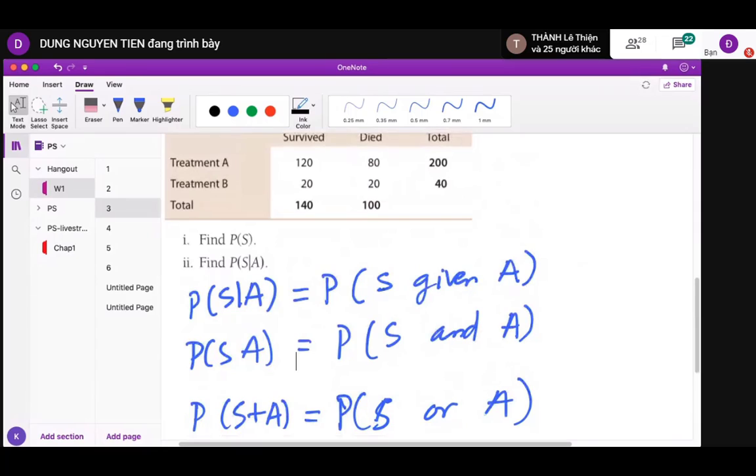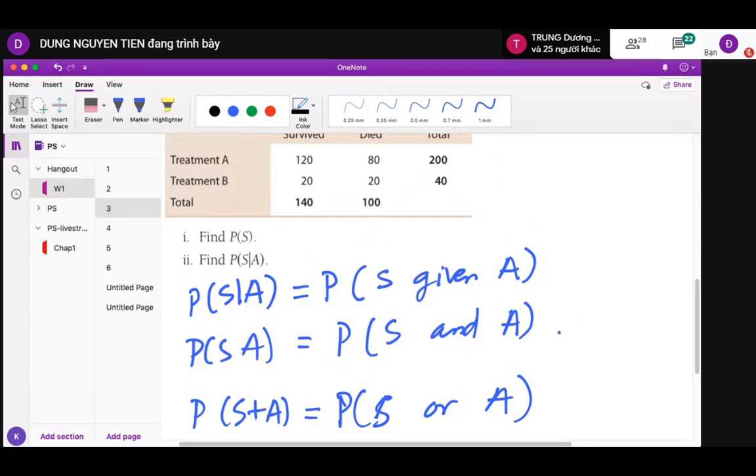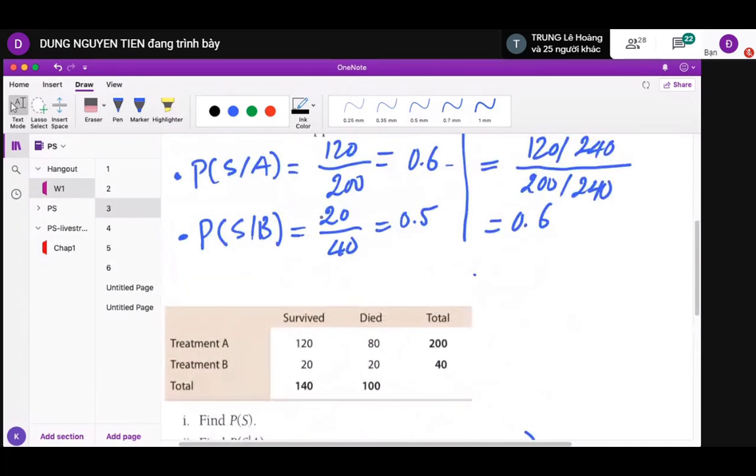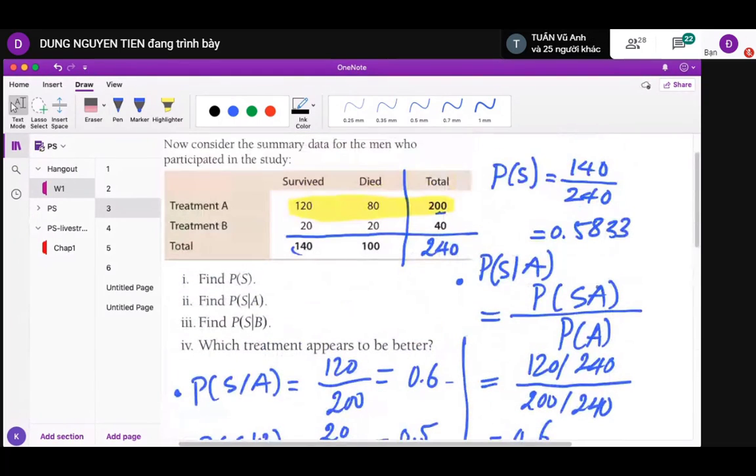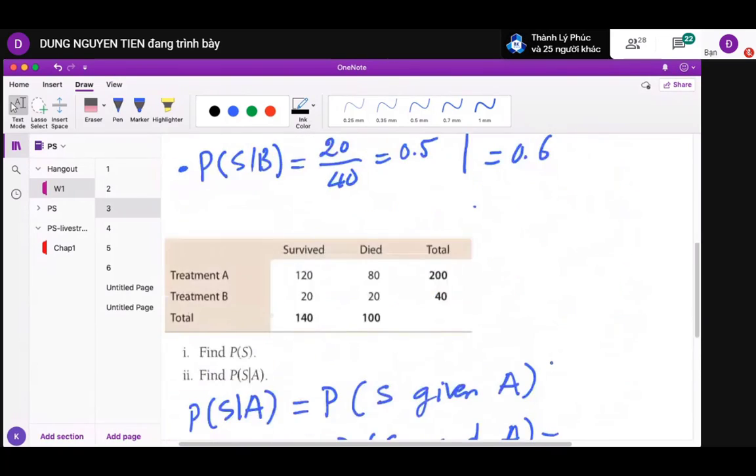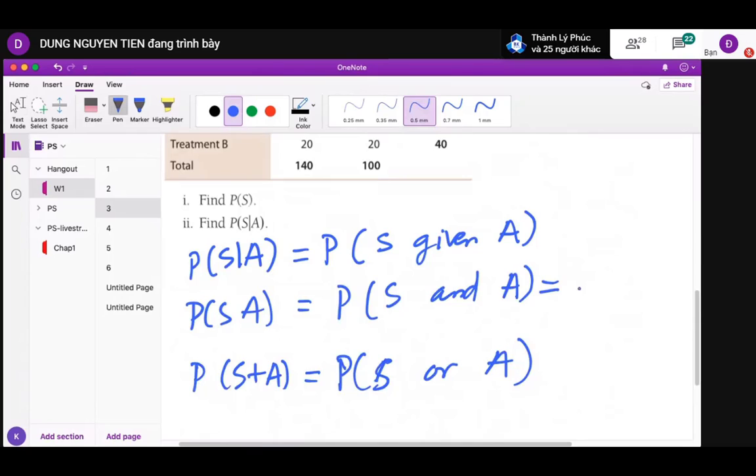We already did the first part. Now I want to talk about the probability of S and A. It is the joint probability, and we know that the answer is 120 divided by 240. So you get 120 divided by 240. Okay, it is 0.5. How about the probability of S plus A?